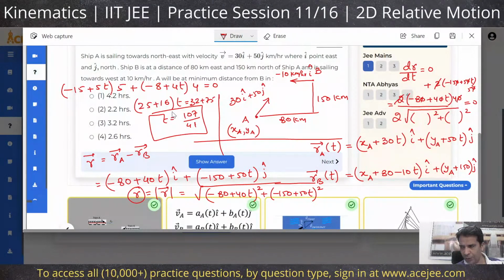Ruchika, Chavi, any comments here, beta? Yes, sir. Clear, no? Chavi, beta, did it make sense? Yes, sir. Okay.